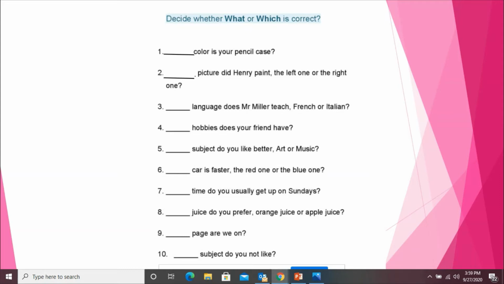We're going to do the first two together, and then I ask you to pause the video and see if you can complete the rest. Number 1, blank color is your pencil case. As we saw previously, we use what for color, right? So what color is your pencil case? Should be the correct answer.